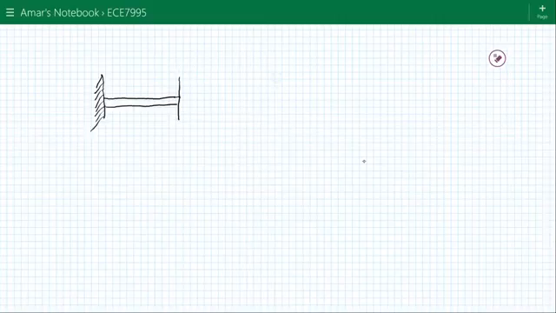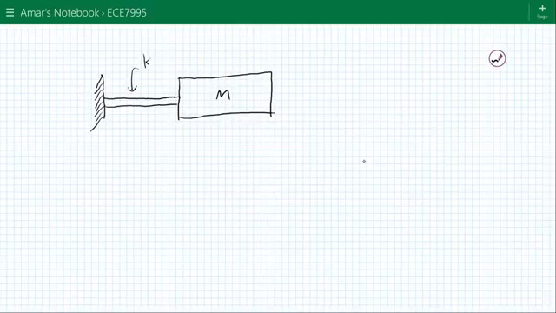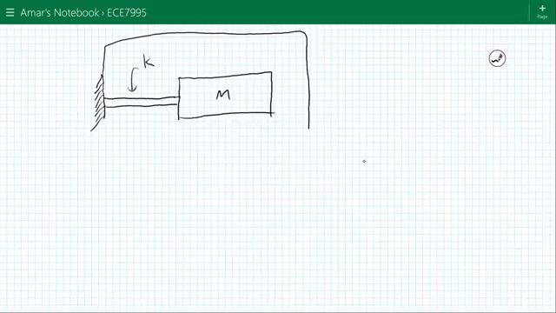Let me redraw this. You have a mass, and that mass is attached to a cantilever. The cantilever has a spring constant given by K. Now this whole thing is in some sort of housing, and this cantilever beam, one half of it, is attached to the housing itself.